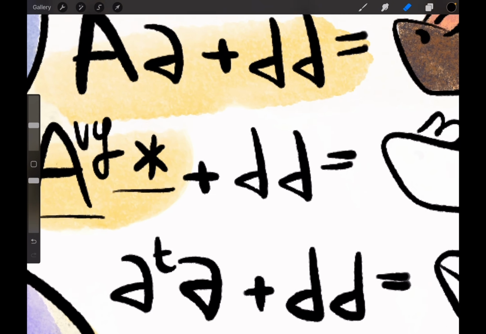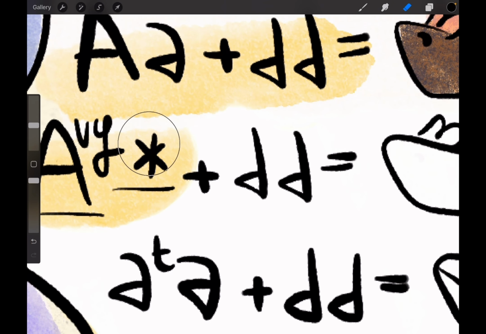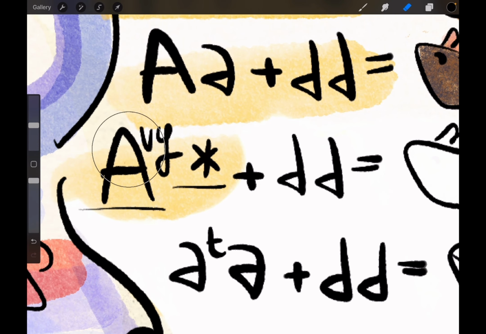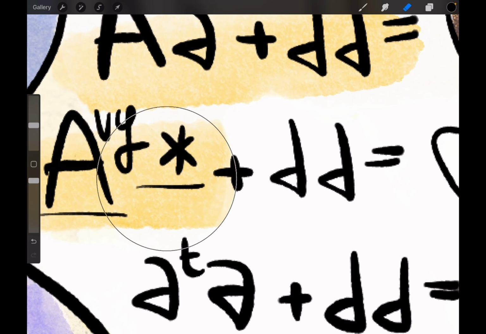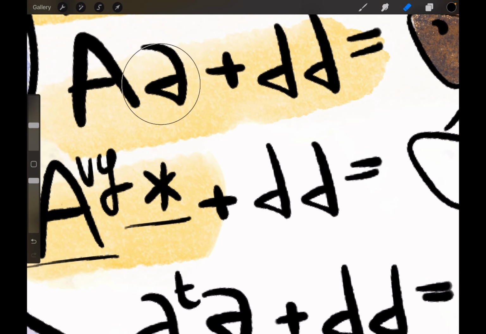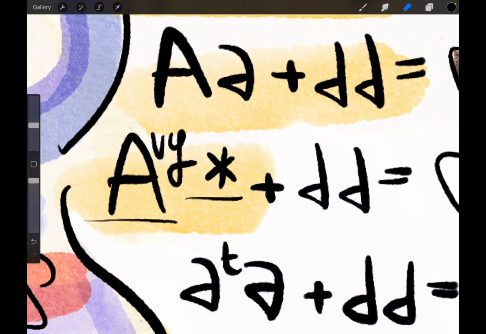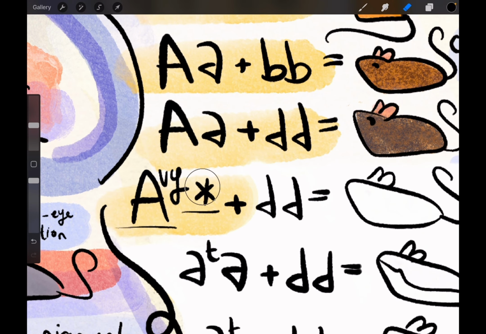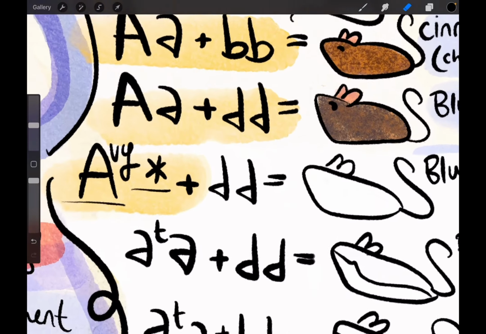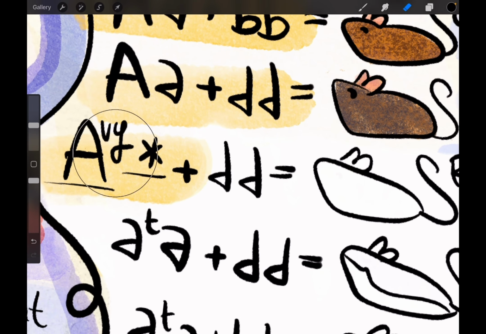Next up, here's that little star I talked about before. This is basically that placeholder, because here we have the dominant AVY, which is brindle, and it doesn't really matter, or we don't know what this allele is. Could be black self, could even be agouti technically. So we just leave that blank with a little star to indicate that we don't know for sure, but we at least know it's a brindle with lowercase dd.